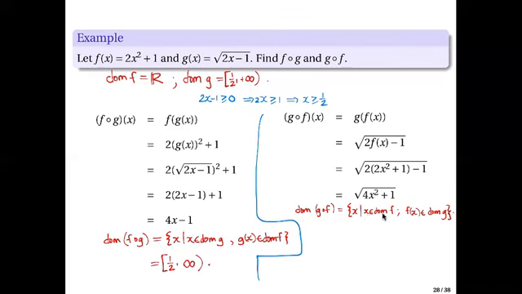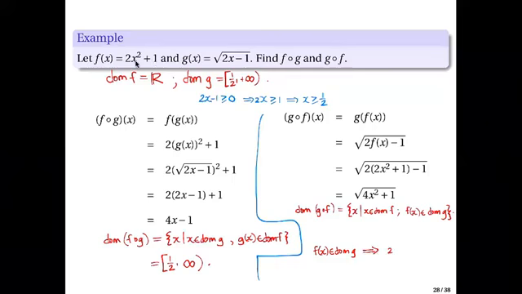Now, domain of F, again, it's the set of real numbers. So you start with that. You can get any real number because that's the domain of F. But you need your f of x to be in the domain of G. This means, what's your f of x?